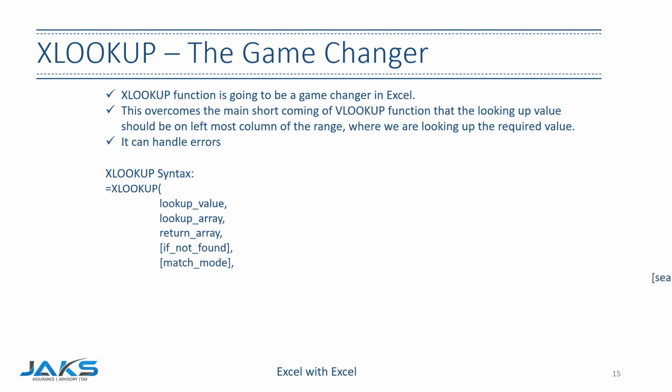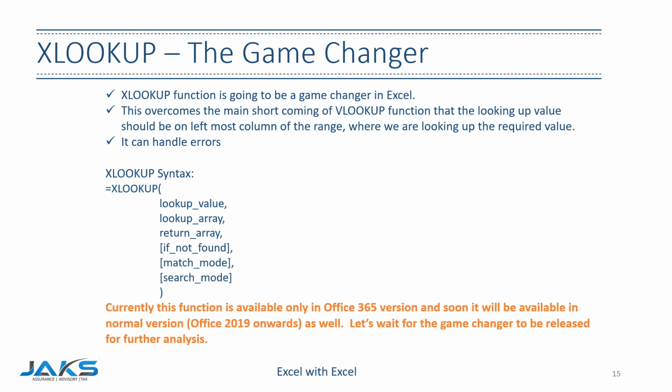The main shortcoming of VLOOKUP is that the lookup value should be in the leftmost column of the range where we are looking up the required value. This really creates problems when you want to look up data in a range based on different scenarios. XLOOKUP addresses this issue and makes your life simpler when playing with your data. It can also handle the error due to non-availability of lookup data.